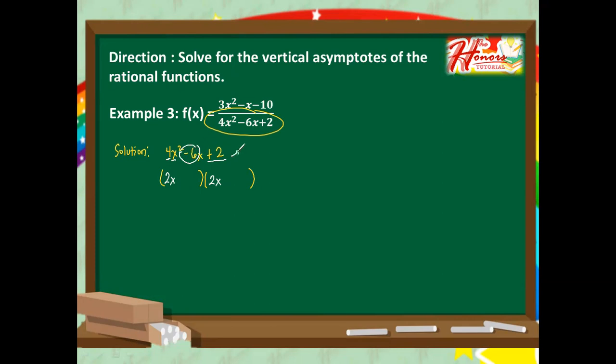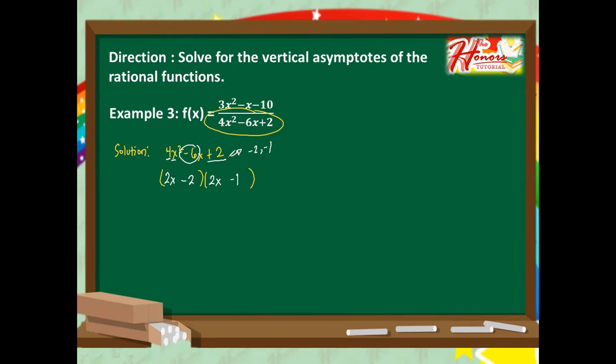So therefore, we should have two negative numbers for us to get a positive number when we multiply and also when we add, that is also a negative number. So I will choose negative 2 and negative 1. So I will be writing negative 2 here and negative 1.